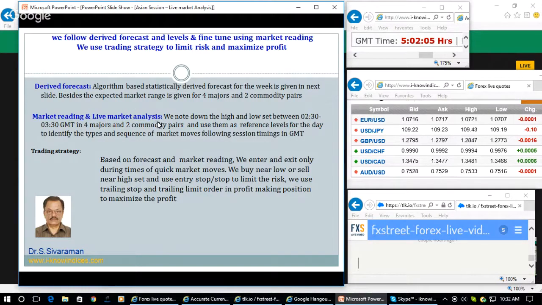Then that forecast is fine-tuned using the market reading technique. You yourself can fine-tune the forecast by noting down the initial lows and highs around 3:30 GMT and finding out what the players are trying to do in the market. Using the forecast and the market reading, we should be able to trade at ease.